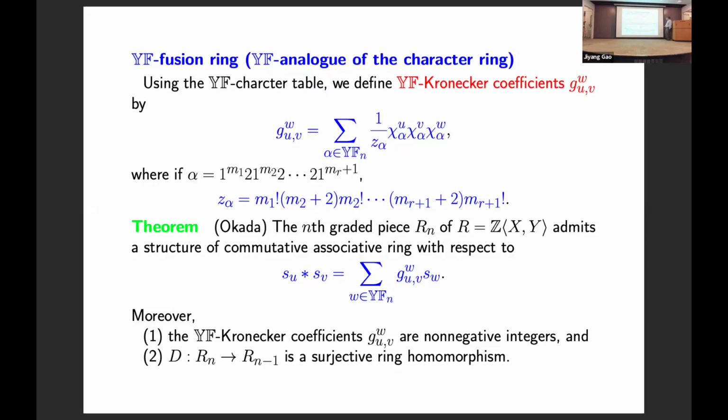Then the integral span of this polynomial ring Rn has the structure of a commutative associative ring with respect to this product. The structure constant is this Kronecker coefficient. And also this Kronecker coefficient is a non-negative integer. And also the down map, which corresponds to this vector map in the character ring case, is a surjective ring homomorphism. So in fact, the power sum basis living in here is an idempotent basis.